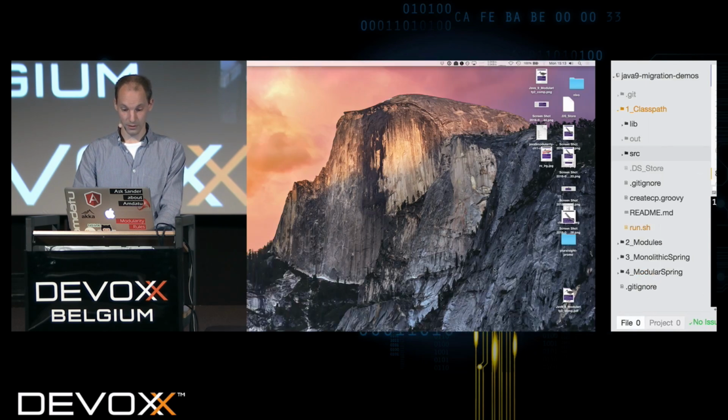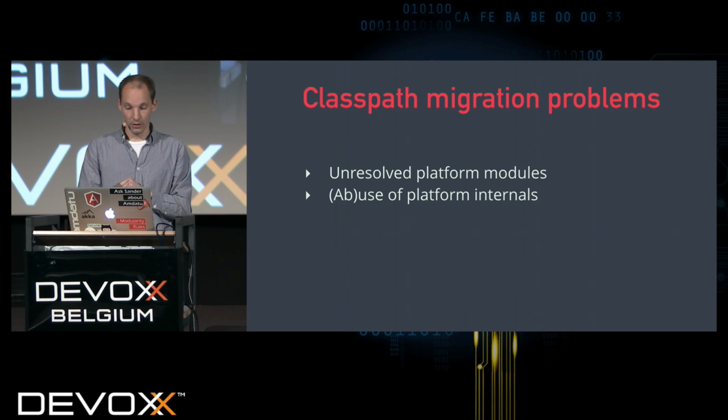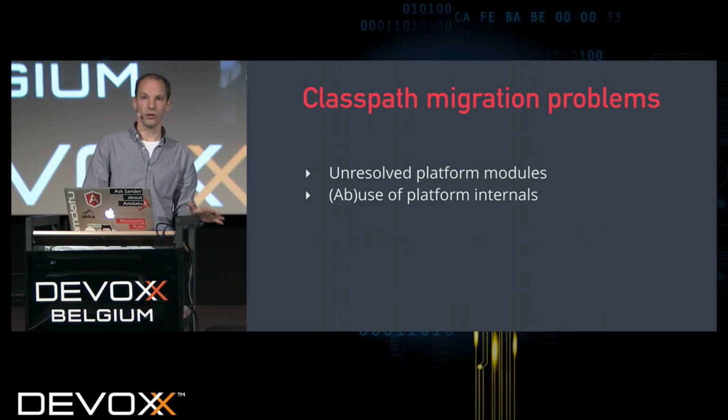So let's try to find out what's going on here. Because we had this JAXBException that was normally usable and available in Java 8, and somehow we could compile, but we couldn't run on Java 9. So there are typically two problems that you can run into when you try to run your class path-based application from Java 8 on Java 9.